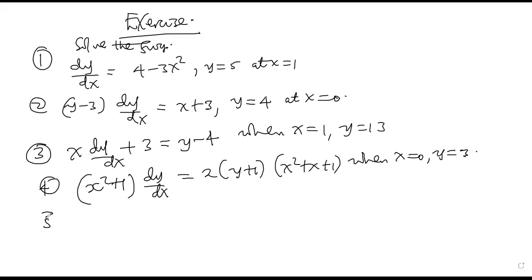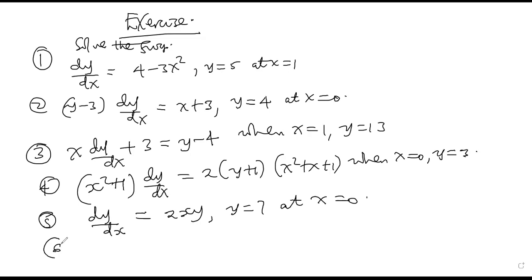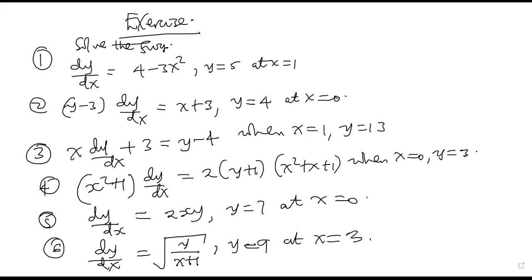Then dy/dx is equal to 2xy, at y is 7, when x is 0, maybe 6. dy/dx is equal to the square root of y over (x plus 1), y is 9 at x is equal to 3.